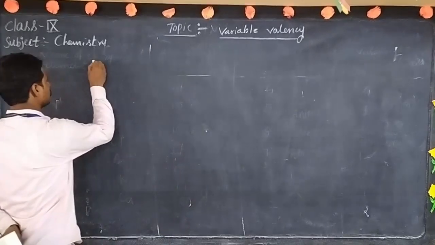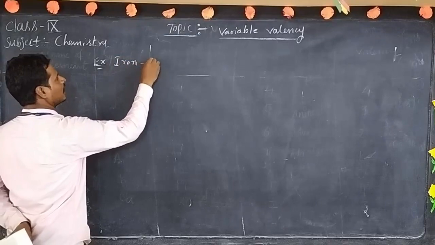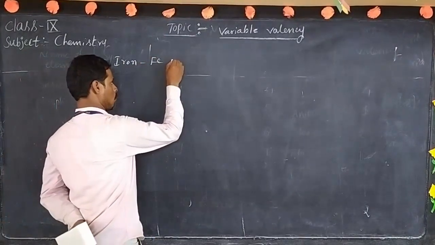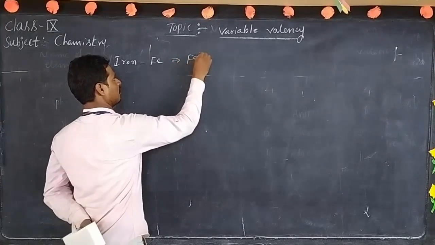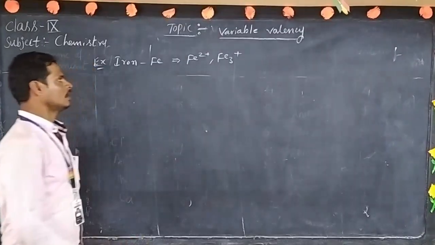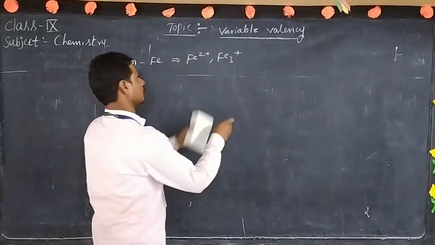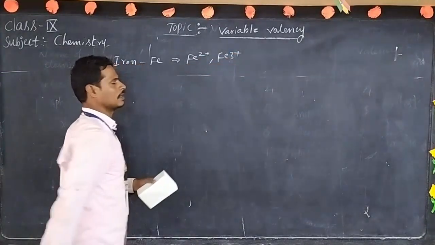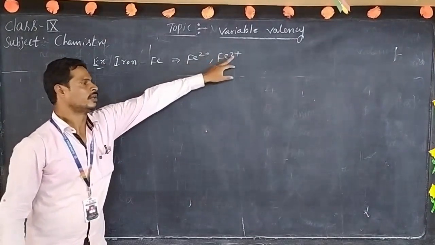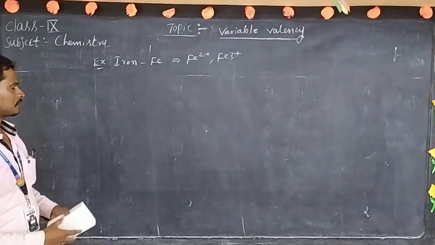Take any one example. Iron. Symbol of iron Fe. Iron exists in two valencies: Fe2+ and Fe3+. So iron exists as 2+ as well as 3+. One element exists with different valencies. So that is called variable valency.